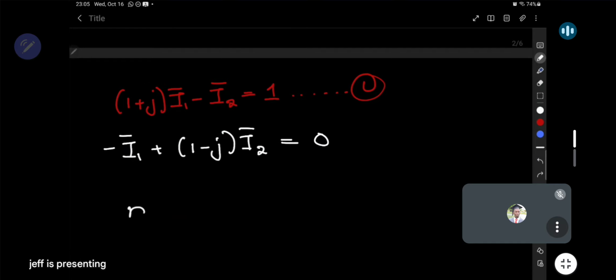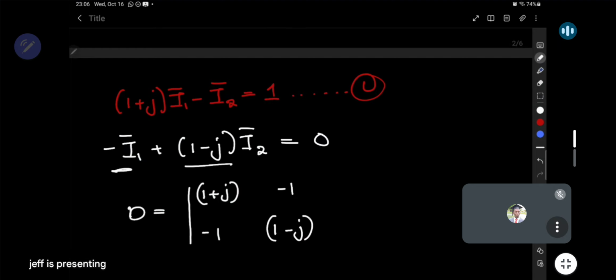So the first determinant we'll get will be for 1 plus j. This is one set. Then here we have minus 1. Next, down here we have minus 1. Then here we have 1 minus j. Also, that is one set. So in trying to get the determinant here, we know we multiply these two.